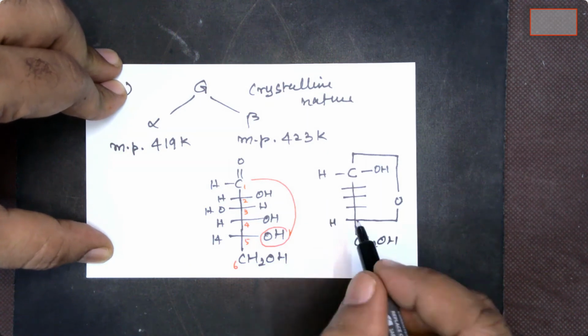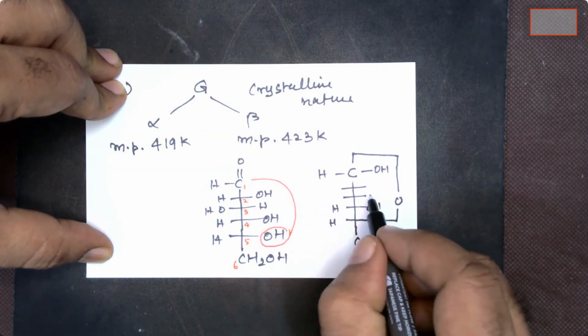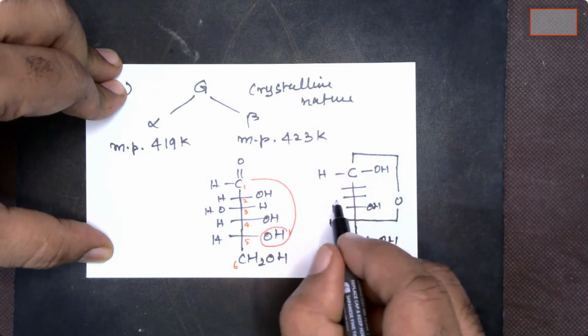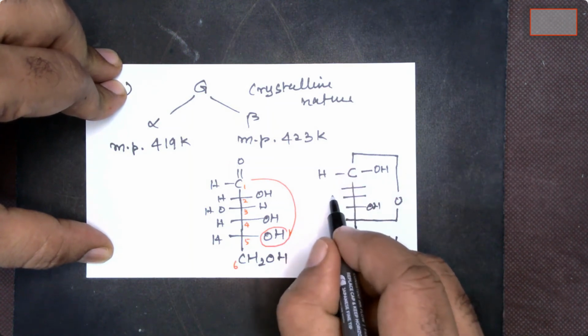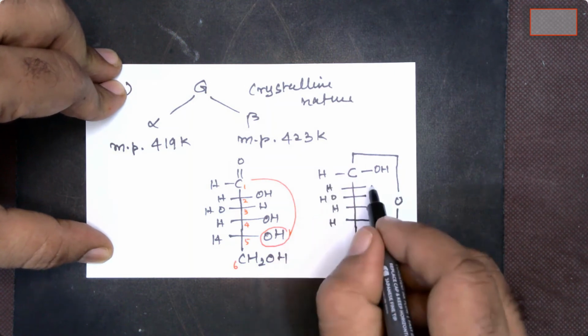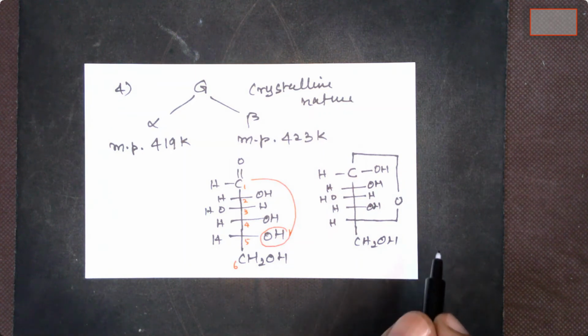So this is H, OH, and from here the third one, that is OH, H, H, OH. Do you understand the structure? So this forms a hemiacetal ring like this.